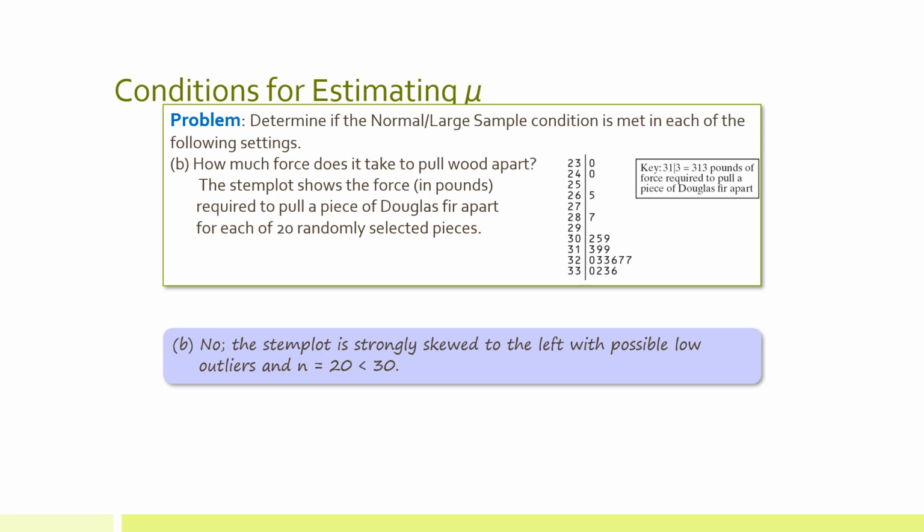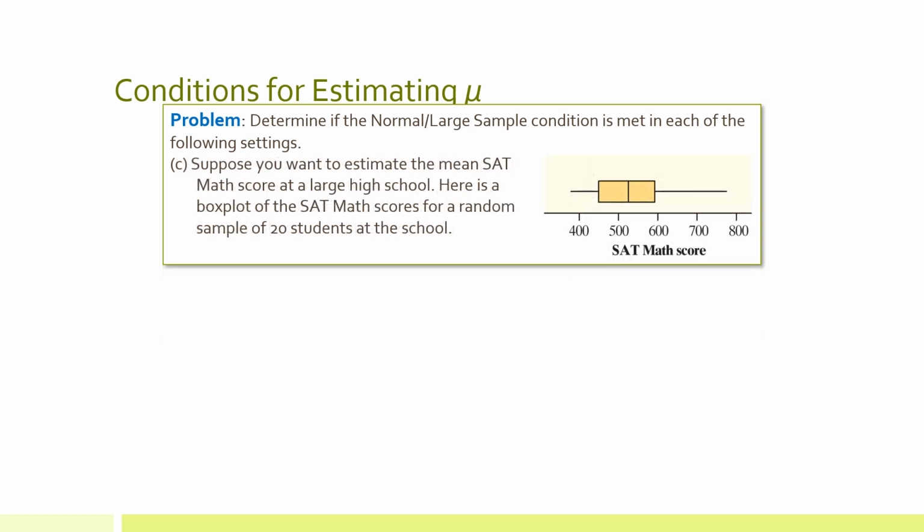Let's try another. Suppose you want to estimate the mean SAT math score at a large high school. Here's the box plot of SAT math scores for a random sample of 20 students at the school. Normally the AP exam says, please, oh please, don't use box plots for this, but they've given you a box plot. So there we go. Thinking about what a box plot looks like, talking to your neighbor friend, is the normal condition met?